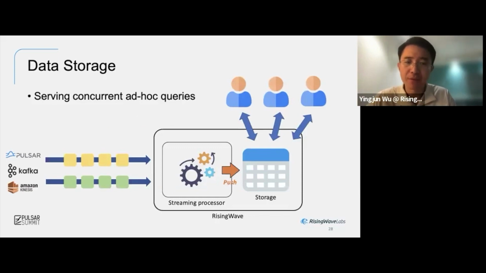The storage can help serve concurrent ad hoc queries, which means that if you have multiple users, they can just issue ad hoc queries to query the materialized view, and because our materialized view maintains the streaming result, the users can always check the latest results reflected in the materialized view. This can make your life much easier because you do not really need to maintain two separate systems: one is a streaming processor and another is an independent database system.